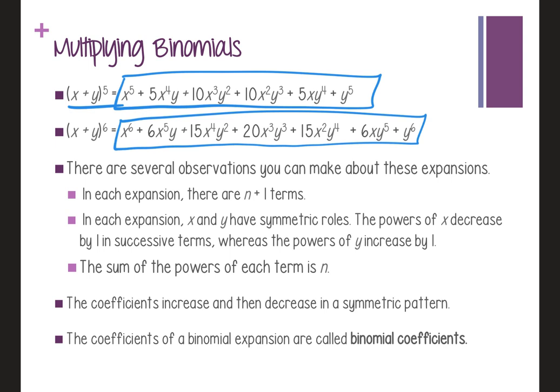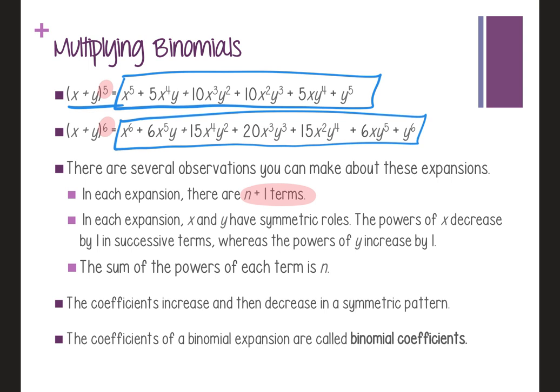One is that there are n plus 1 number of terms in my answer. So whatever my exponent is, that's my n. If I am raising something to the 5th power, there will be 6 terms in my answer, n plus 1. If I am raising something to the 6th power, there will be 7 terms in my answer, always one more than the exponent, okay? That's the first thing to notice.